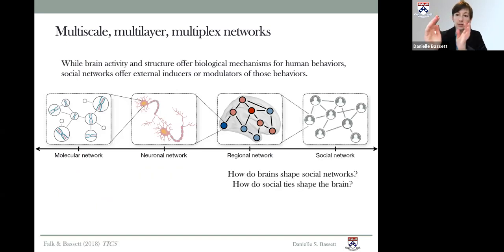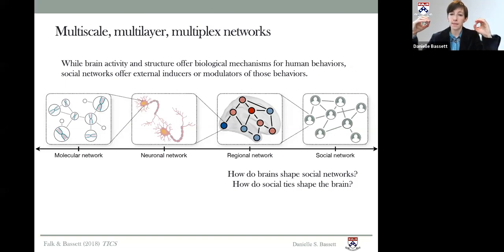Now, instead of going down in spatial scale, we can also go up in spatial scale and consider how a single brain network inside one human head is related to brain networks in other human heads. And so that brings us from the level of a single individual to the level of a social group.